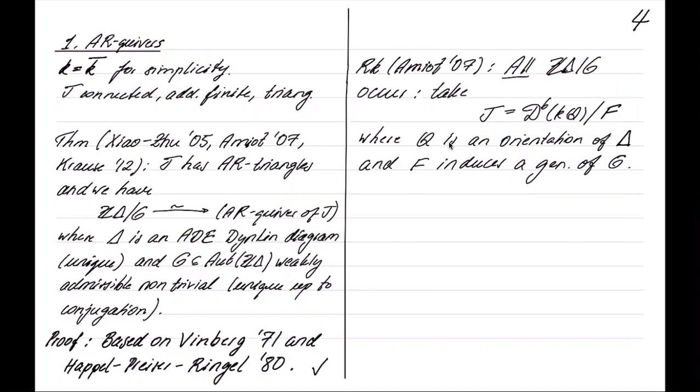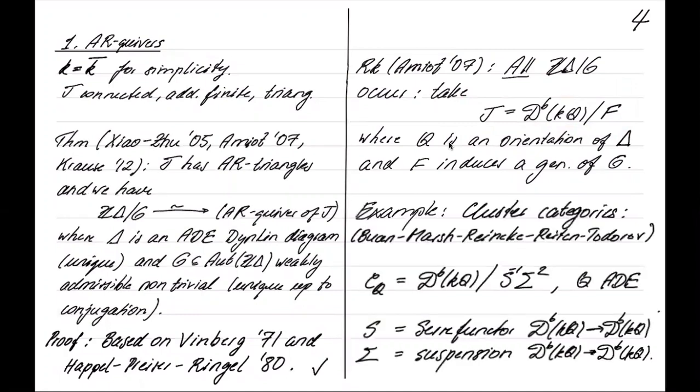Okay, so let's look at some examples. As already mentioned, these orbit categories are generalizations of cluster categories invented by the five authors in 2006. So recall the cluster category is the category which we get by dividing the bounded derived category of our Dynkin quiver by this auto-equivalence.